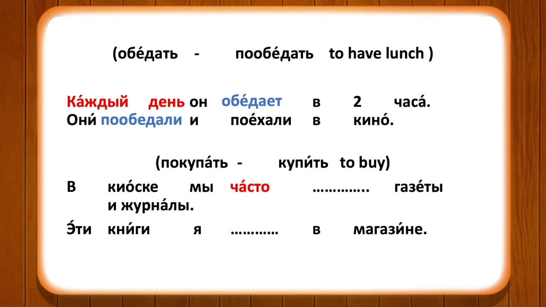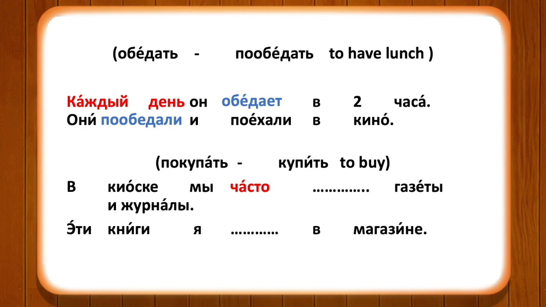In the last sentence, you have to use the verbs покупать, купить. Now here the perfective aspect is formed from a different root. So покупать, купить means to buy, to purchase. Here the imperfective aspect verb is покупать and купить is the perfective aspect verb. Let us read the sentence.